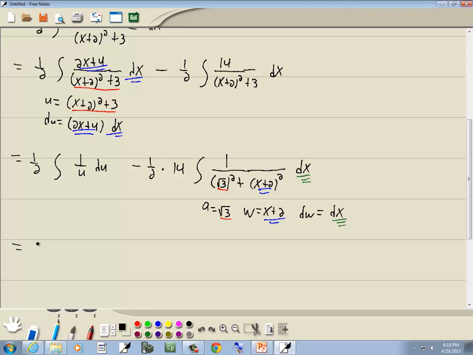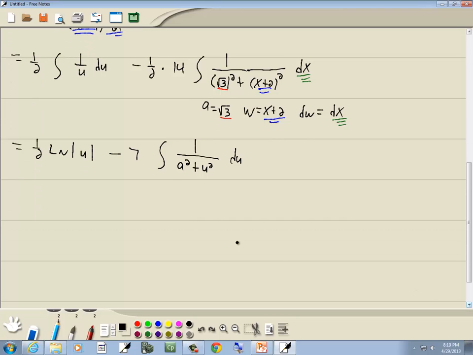So let's continue this. So we've got 1/2. The integral of 1 over u is natural log of the absolute value of u. 1/2 times 14 is 7. And then this becomes 1 over a squared plus u squared du. So we got 1/2 natural log, and what was u?